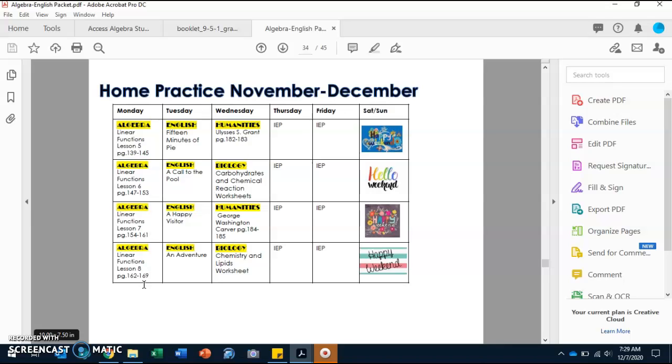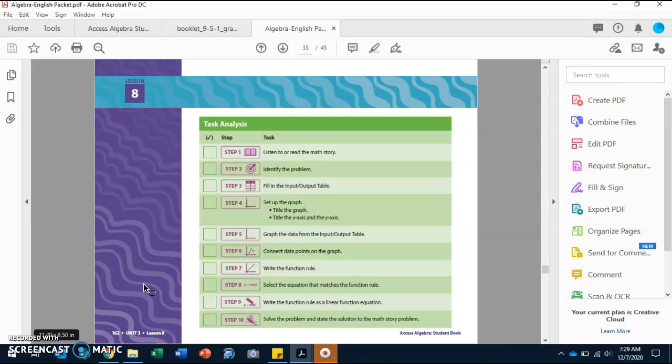So let's begin. So here, guys, like I said, we are in lesson 8 and we are going to be talking about linear functions. So we will listen and read to a math story, then we'll identify the problem. We are going to find the input and output of a table.